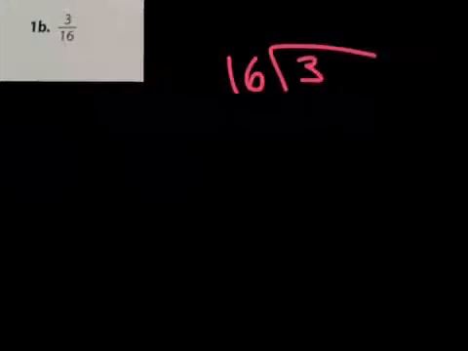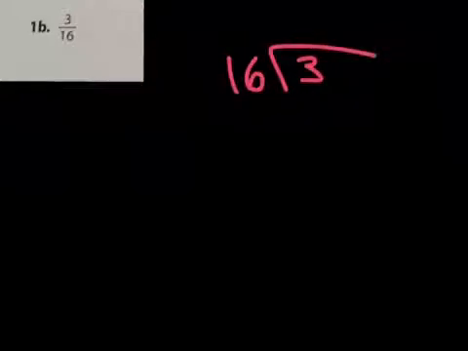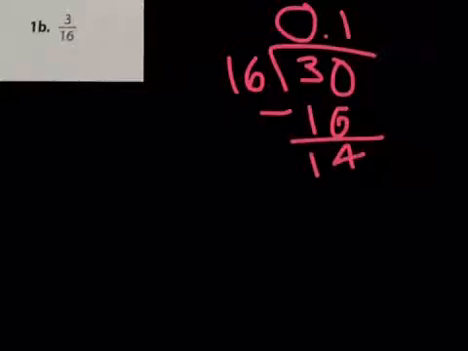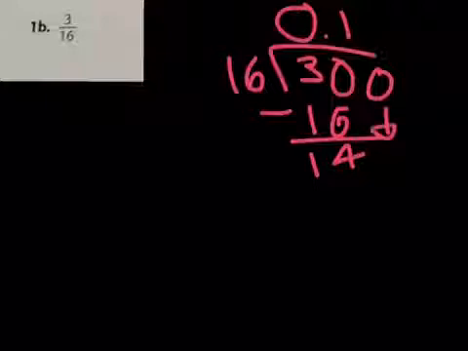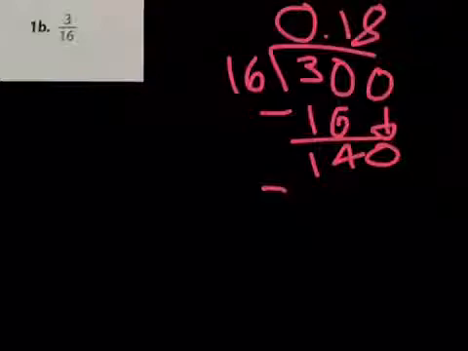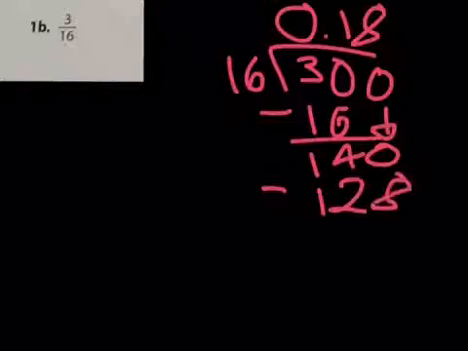Okay, so now let's start up by writing 3 divided by 16. So for our first one, 0. And how many? 16, 30. Then how many are there? 8. 16 times 8 will give you what? 128. Good job. When you subtract, you will have 12.